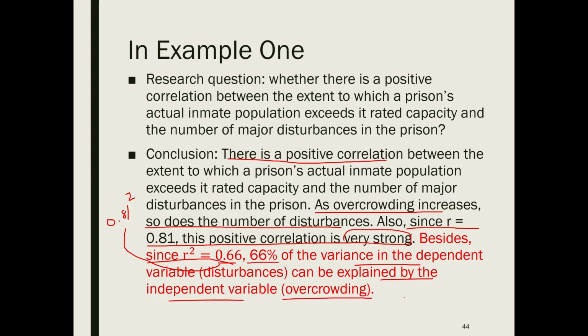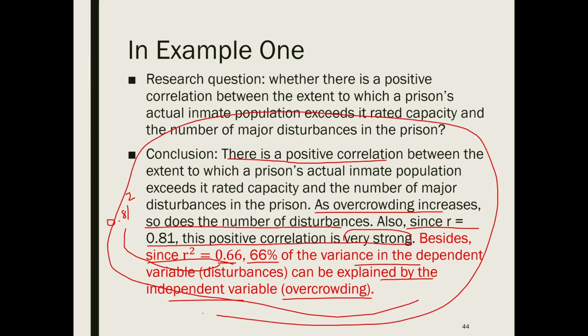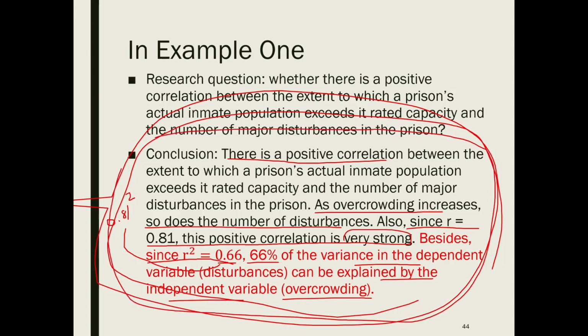Okay, that's a complete conclusion in the correlation if the null hypothesis is rejected. Let me repeat this one. If you reject the null hypothesis in the correlation, which means you accept the alternative hypothesis, this conclusion here is a complete version of what you need to explain.